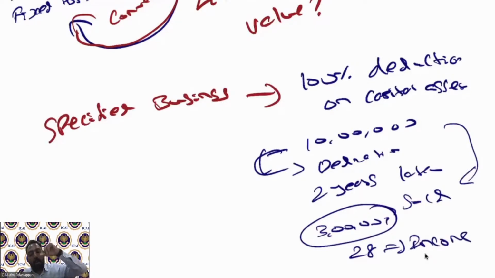Because you have already claimed a deduction saying that you are doing a specified business, the government says you claim a 100% deduction.